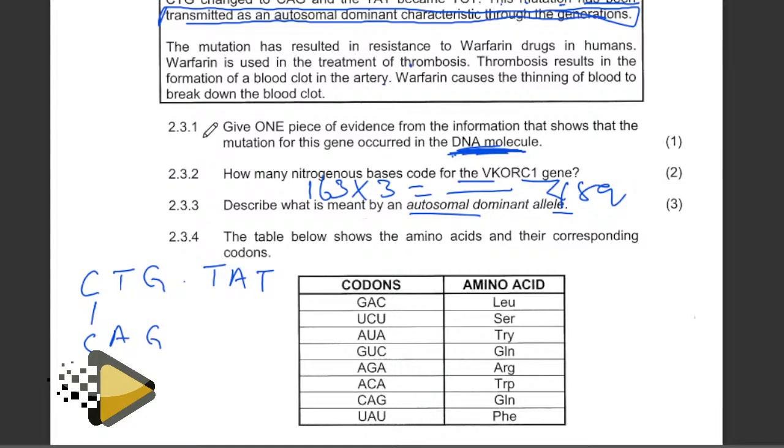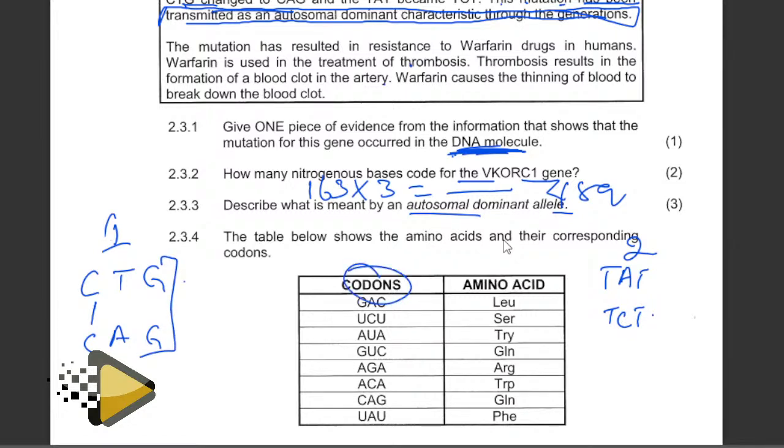Okay, let me just make a big space so that we can know exactly what we are trying to show you. This is the first amino acid, this one. So first one, and then the second one, let me write it here. It is T, A, T, and then T, C, T. But now, what do these ones indicate? They're saying these are codons. So I can't read it unless I change this.